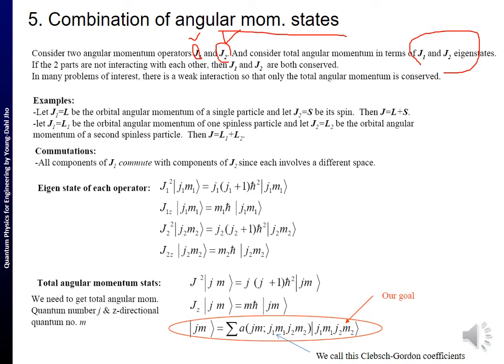If they are under certain interaction, for example, let's say the first could be an electron, the second particle could be an electron or a hole, positive charge. There could be Coulomb attraction or repulsion. They are coupled. Then we cannot simply describe J1 independently because they are coupled.